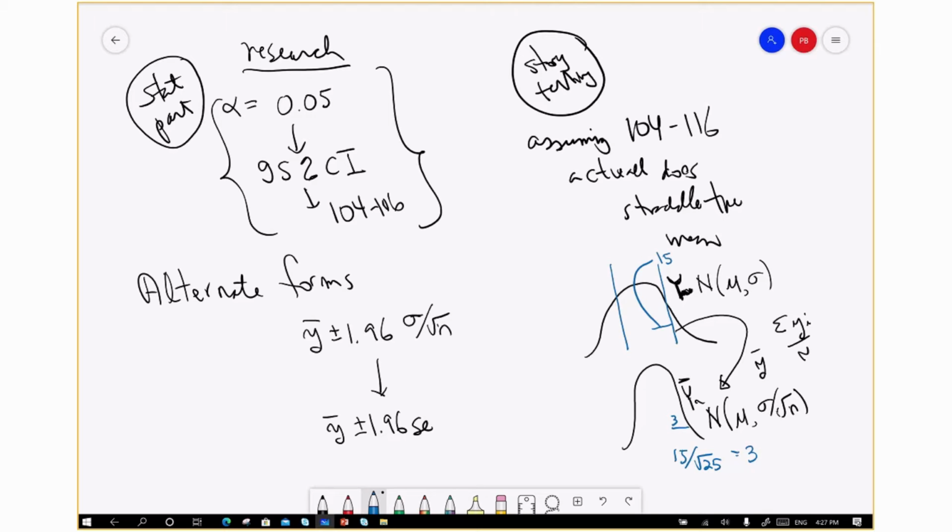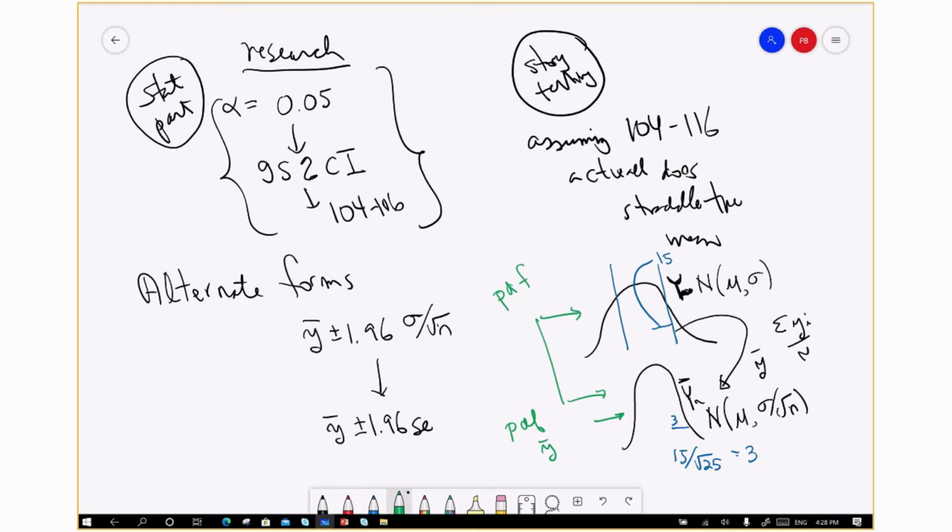So where we are is to remind ourselves that both this and this are probability density functions, but this is the probability density function of a sample statistic, y bar.